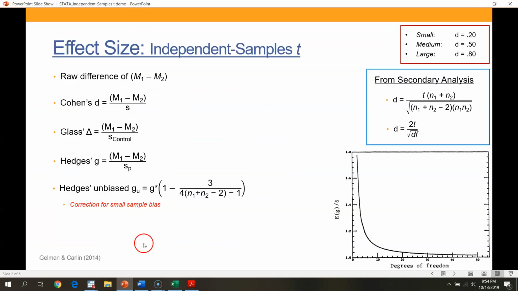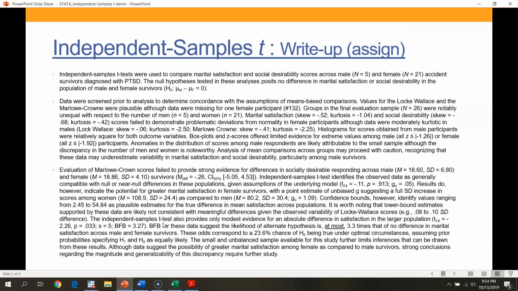If we wanted to take a look at this in terms of our write-up, again, this is just from your lecture slides. Here in this bullet, we're talking about what we found in terms of our screening. Here, going through a nice in-depth discussion of what we found.